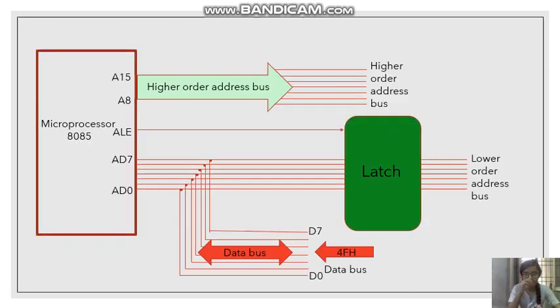Here, as you can see in the diagram, we have our microprocessor 8085, and I have shown here the address buses. We have a total of 8 address lines to carry the upper or higher order address of the location, that is 20 in our 2005 location.